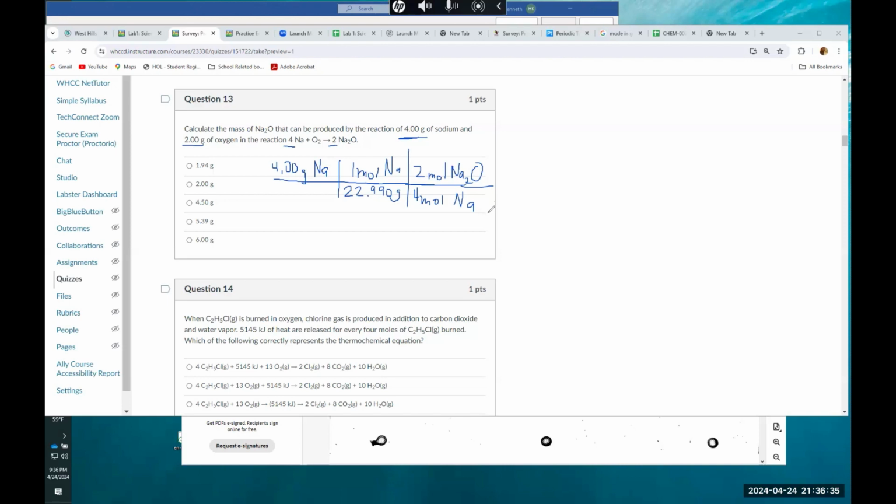And then if we want the mass of that sodium oxide, how many sodiums do we have? 46. And oxygen is 16. Add it together. What is that? 62.